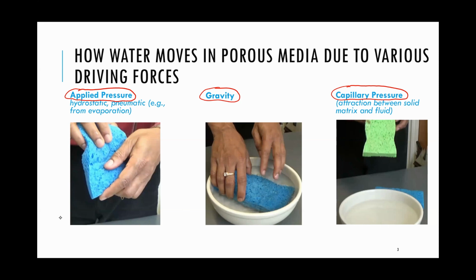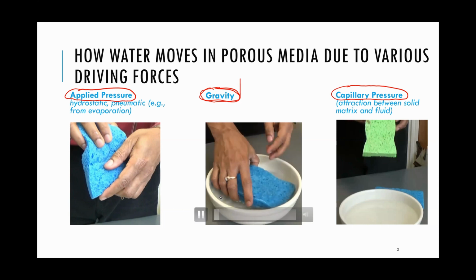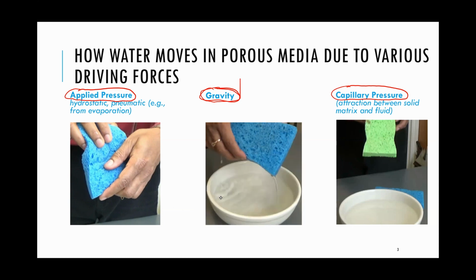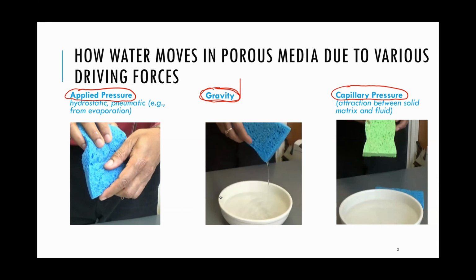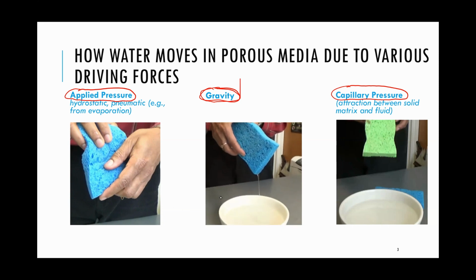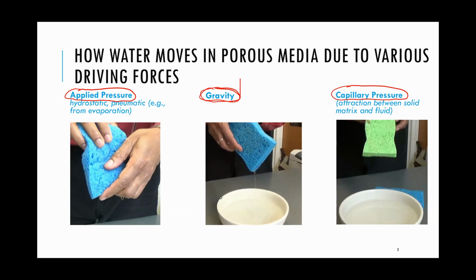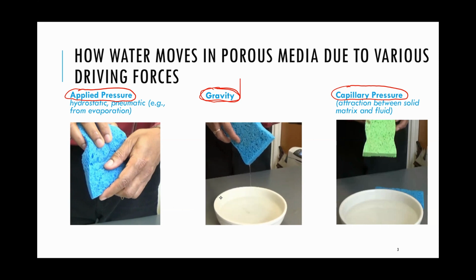Okay, so now we look at the other driving force, gravity. And so when it's completely soaked, as I take it out, you notice water drips out by itself. It doesn't need anything. That's because gravity is acting on it, and gravity is all that is needed for water to be coming out of the sponge.